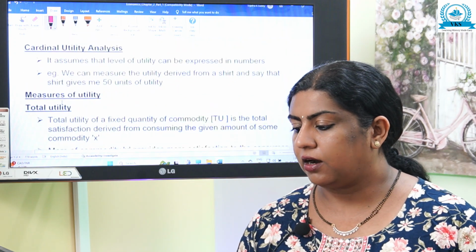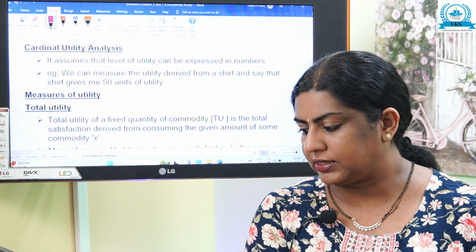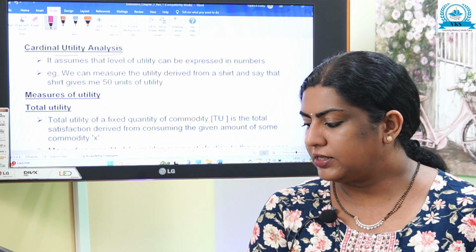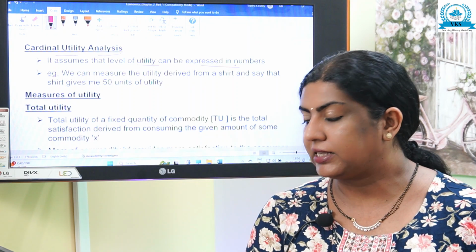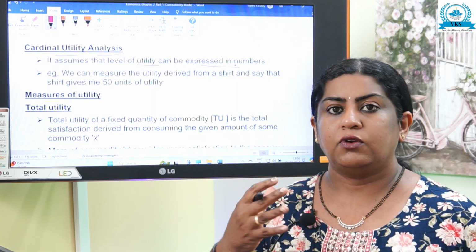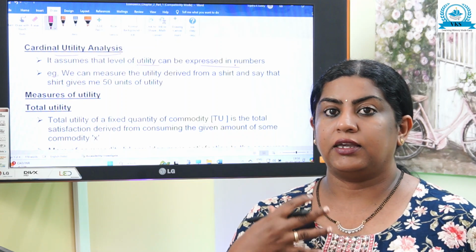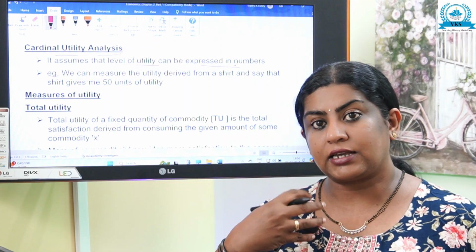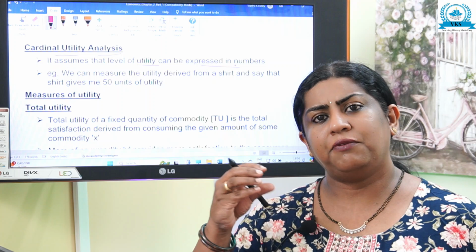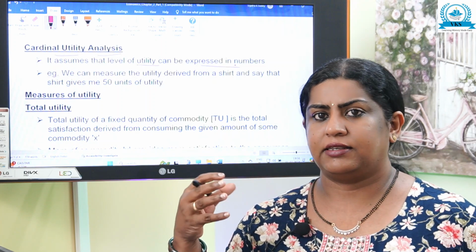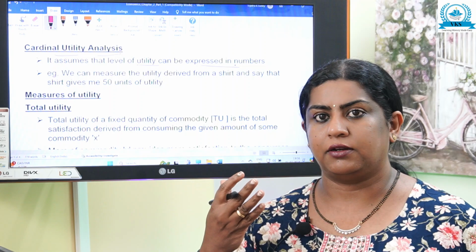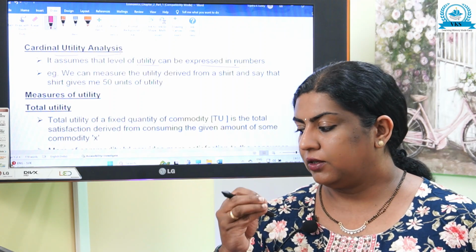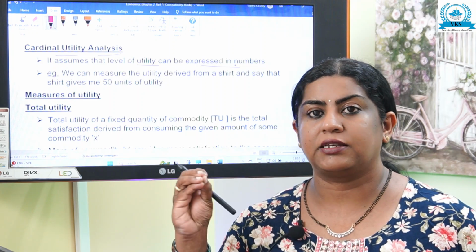Now what is cardinal utility analysis? It assumes that the level of utility can be expressed in numbers. Utility is the satisfaction which we get, but can we measure it in numbers? It is not possible, but cardinal utility is an assumption that the utility level can be expressed in numbers.